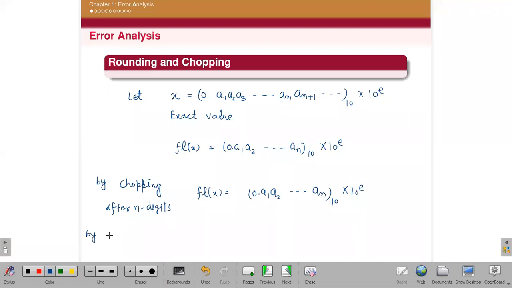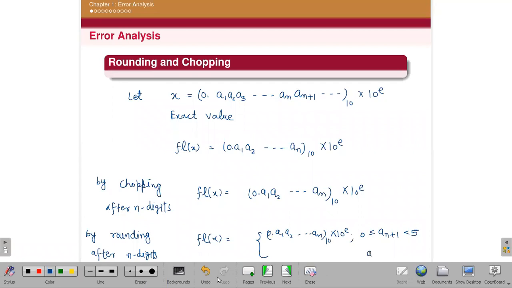Now, rounding after n digits. In rounding there are two cases, because our writing depends on the next digit, an plus 1. If it lies between 0 and 5, then you simply take n digits only, 0.a1 a2 up to an to the base 10 into 10 raised to power e.